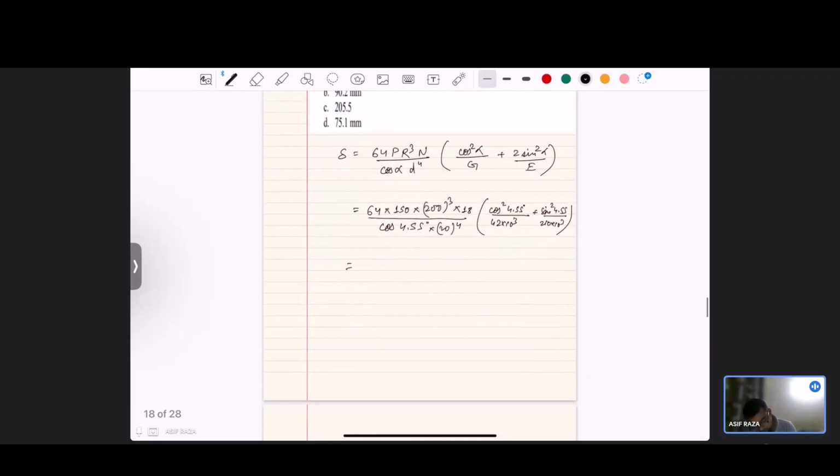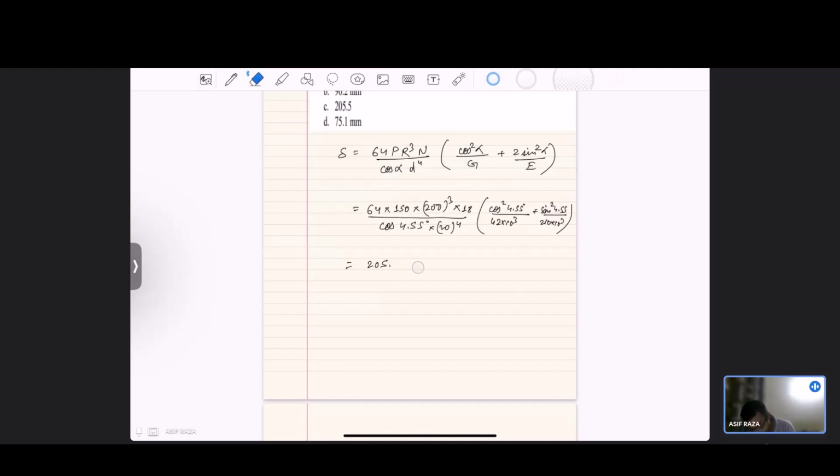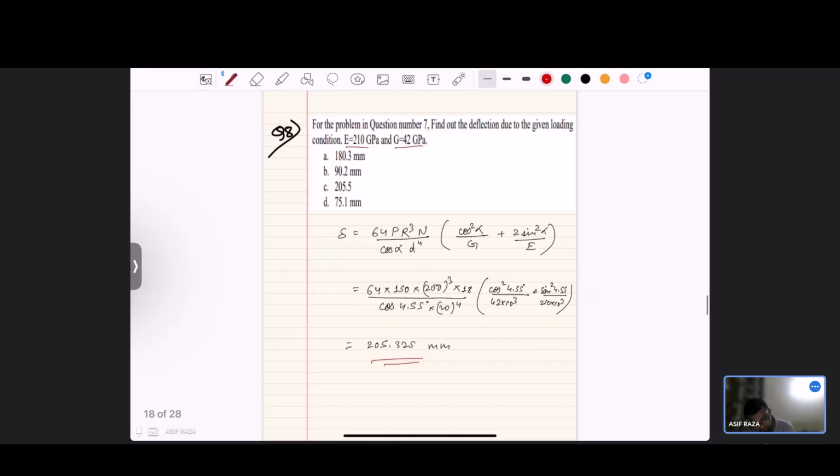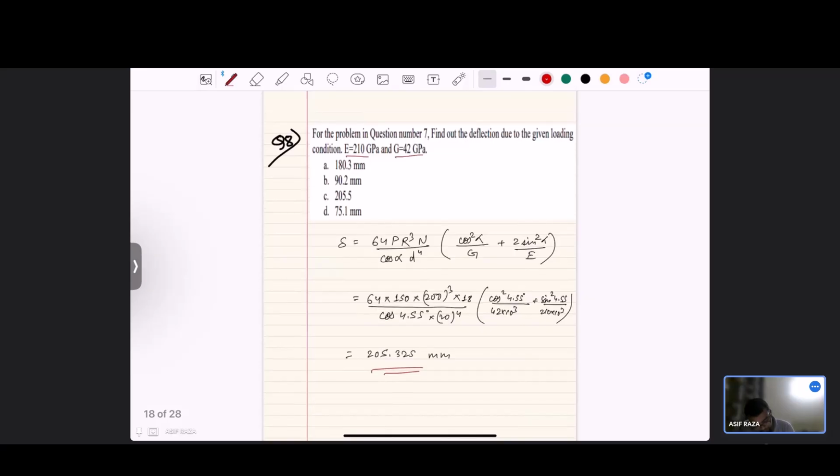So this comes around 205.53, or 205.325. So roughly option C.